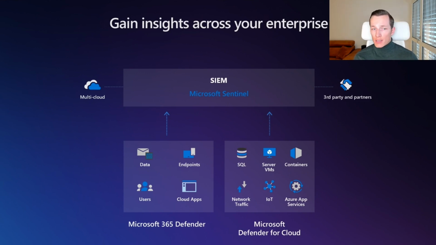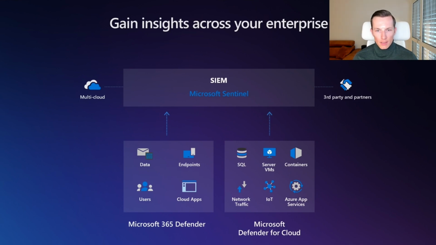So these can be threats in Azure, where you perhaps have SQLs running, containers, Azure Key Vaults, and each of these have their own threats, like SQL injections or suspicious key activity. As a result, you need a solution there to monitor it and to get recommendations to improve it.